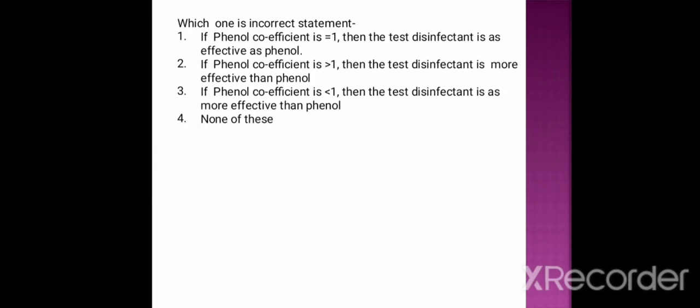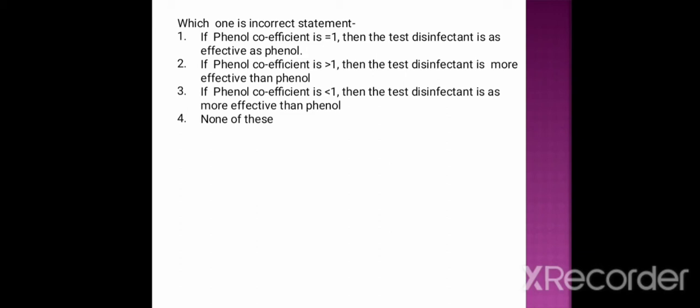Next, which one is the incorrect statement? Here, different statements regarding phenol coefficient are mentioned, and you have to choose the incorrect or false statement. Option 1: if phenol coefficient is 1, then the test disinfectant is as effective as phenol.